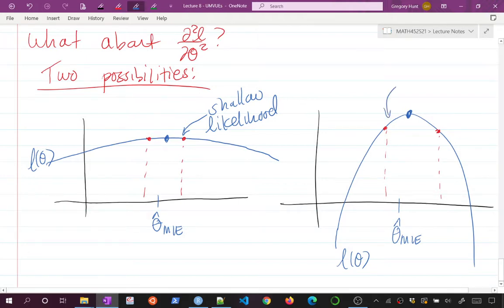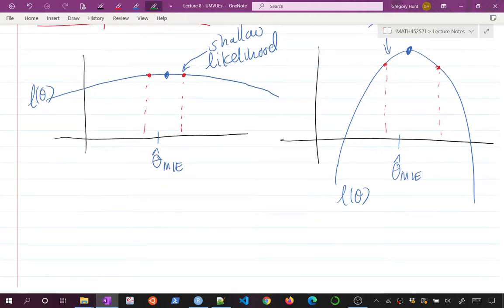So this is the opposite, a very curved MLE. And what that tells us is that the MLE is strongly preferred.